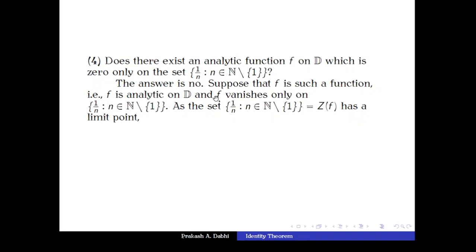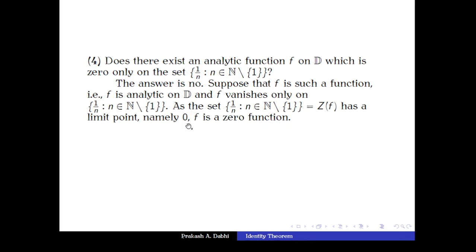See, because the function vanishes only on this set, means the set of zeros of f is the set 1 upon n, n belongs to N, and the set Z_f has a limit point, namely 0, which is in the domain, and therefore by identity theorem the function f is a 0 function.